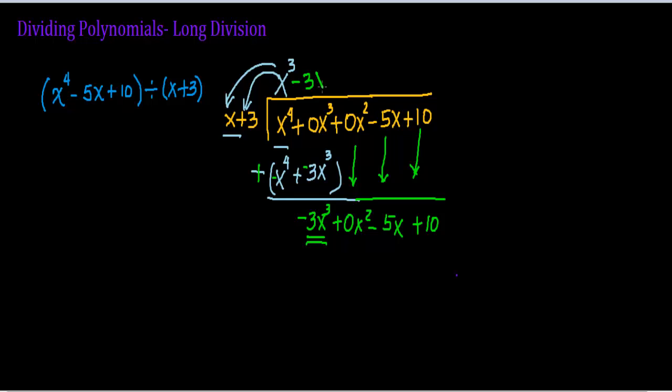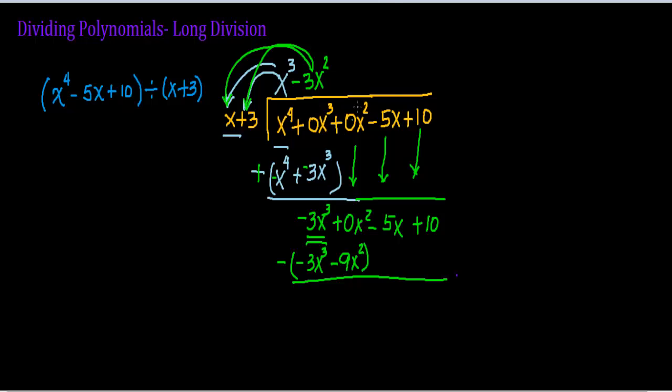So I'll have to also have an x squared term with that negative 3. So now negative 3x squared times x will give me negative 3x cubed. And negative 3x squared times the second term in the divisor, 3, will give me negative 9x squared. And we subtract.